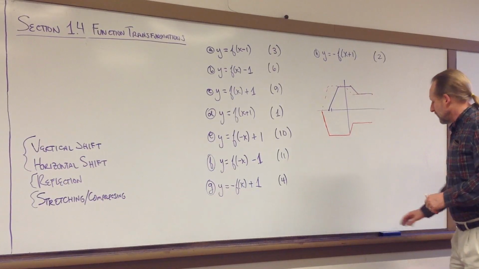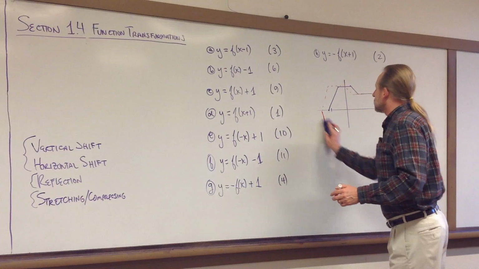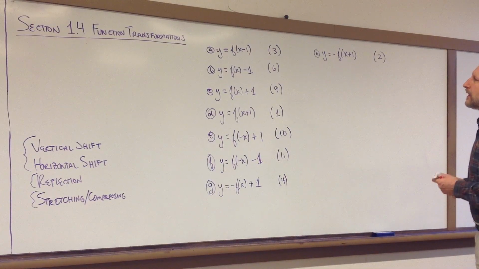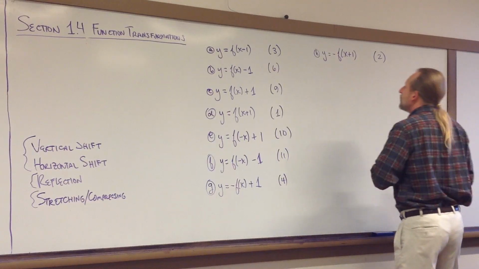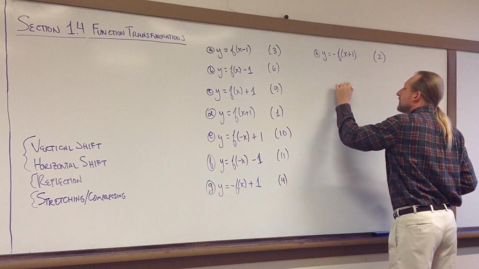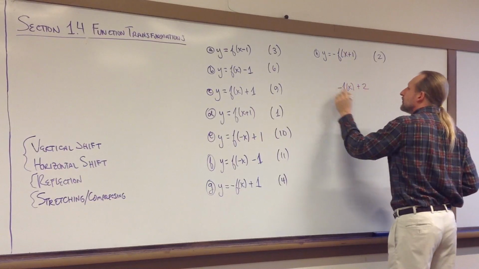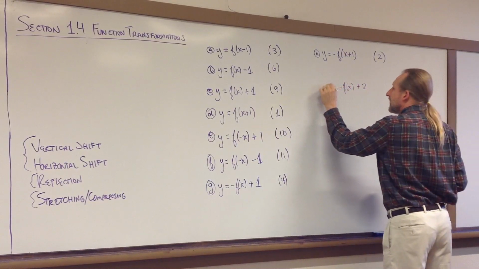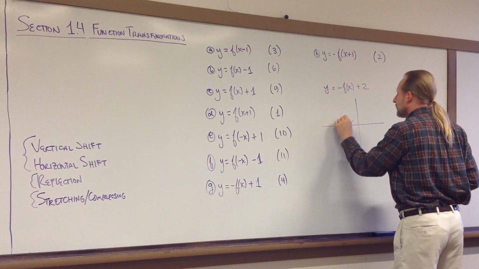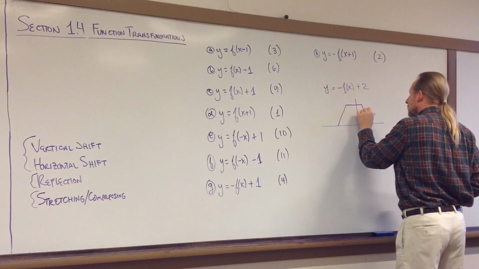So where would it make a difference? Let me give you an example here: something like negative f of x plus 2. So here's our sample function. Looks like this.